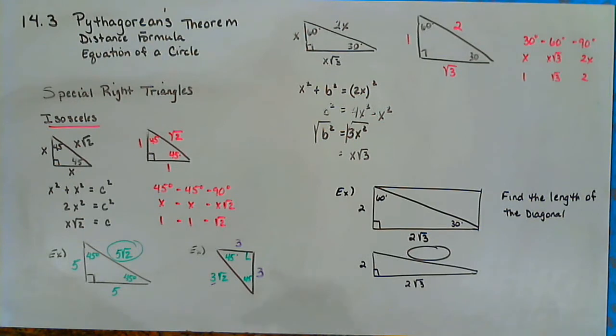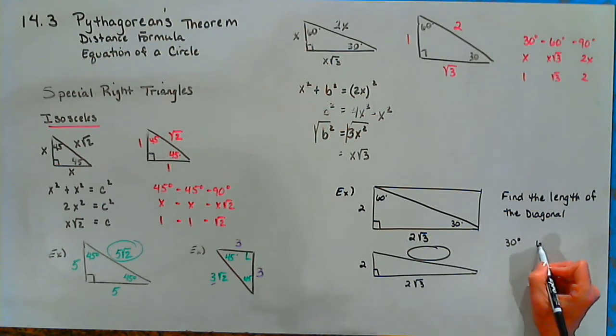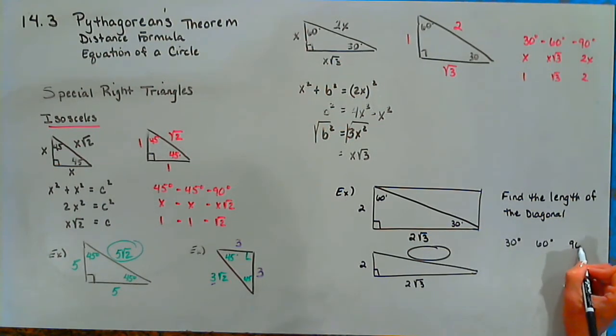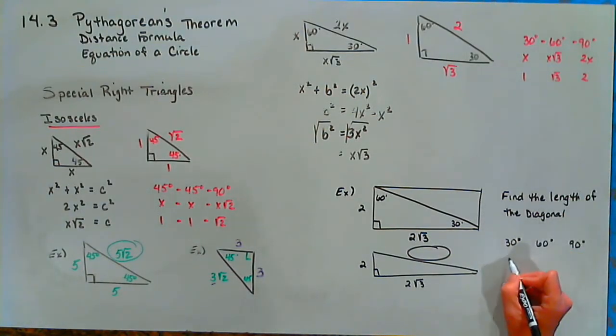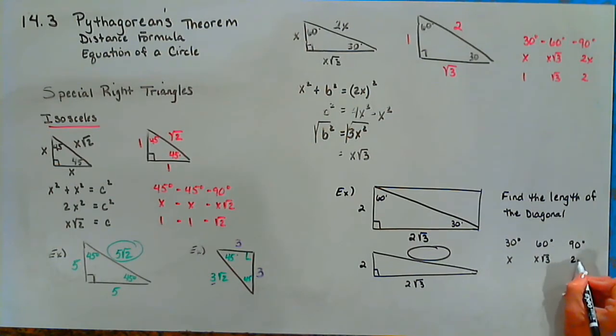But I'm trying to get you to use the special triangles, so you may recognize you have a 30 degree, you have a 60 degree, you have a 90 degree. We know that they're in the ratio of x, x root 3, and 2x. So all we need to do is figure out what the x is. And the x represents the shortest side.